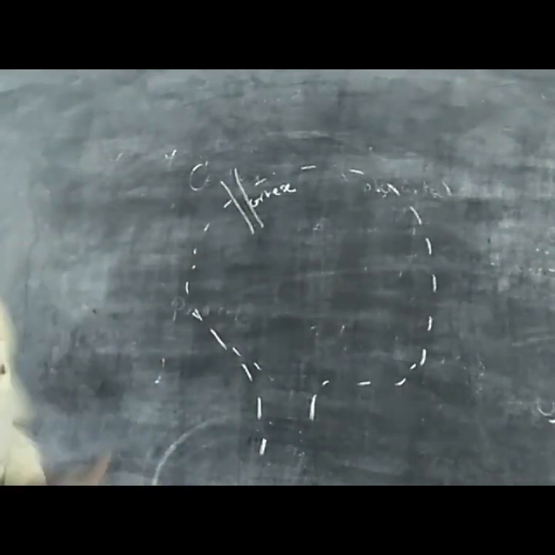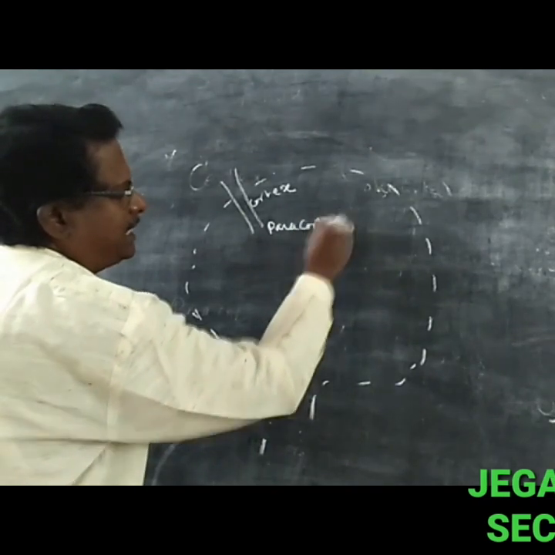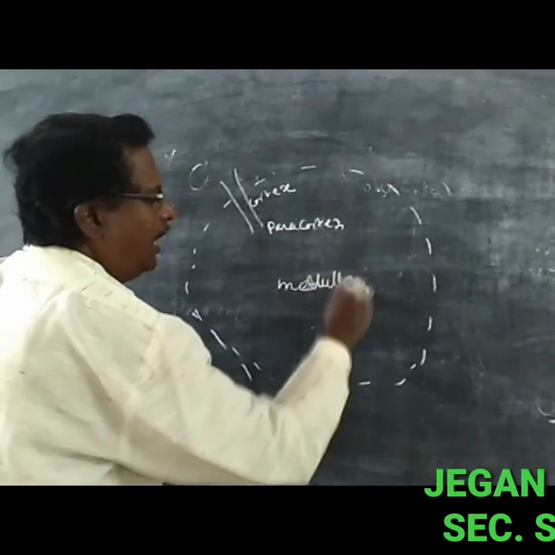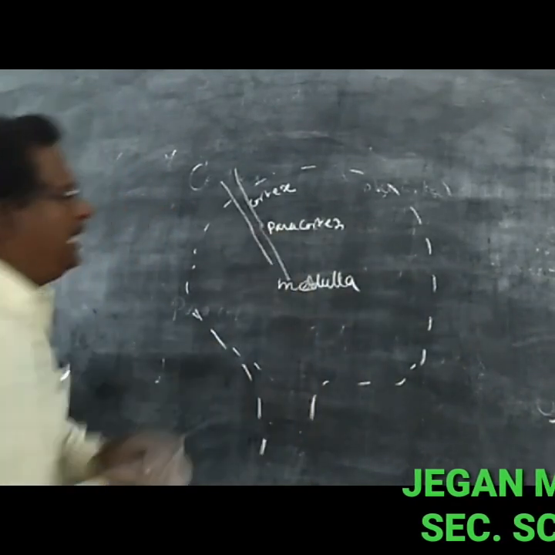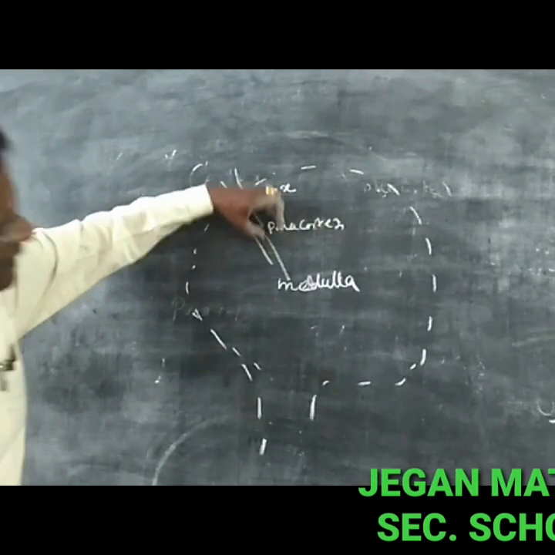It slowly passes through the cortex, paracortex, and medulla.